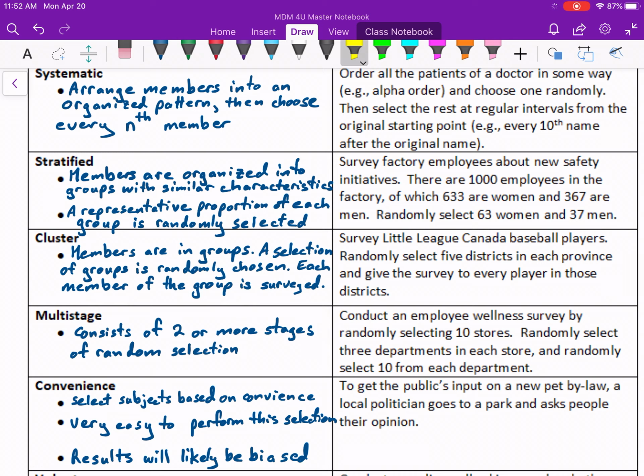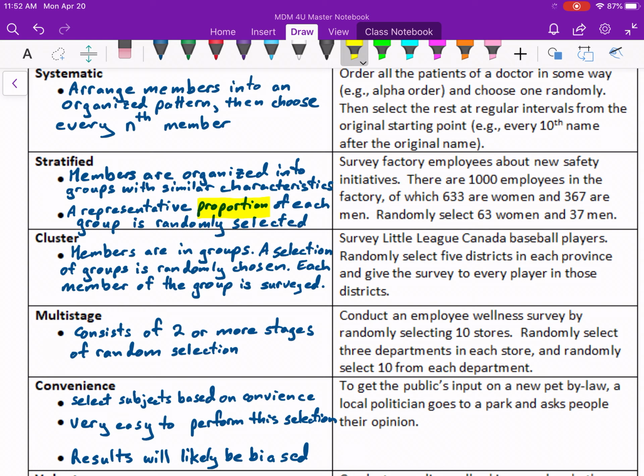Stratified gets a bit more fancy again. What we do is we take all the members of a population and we organize them into groups with similar characteristics. A representative proportion of each group is randomly selected. So this proportion idea is the key here. Let's look at the example. A survey of factory employees about new safety initiatives is done.